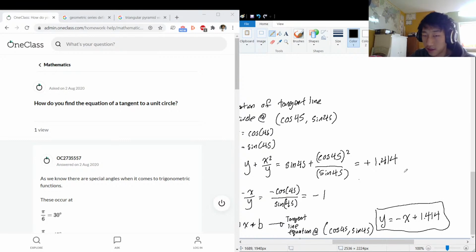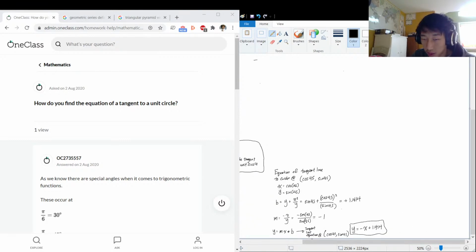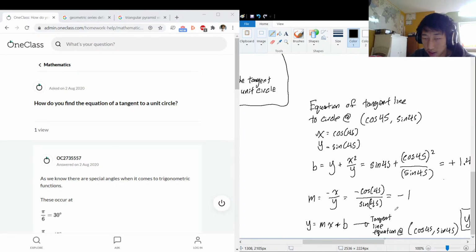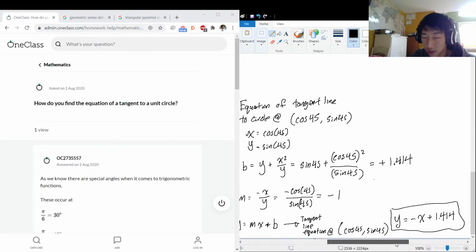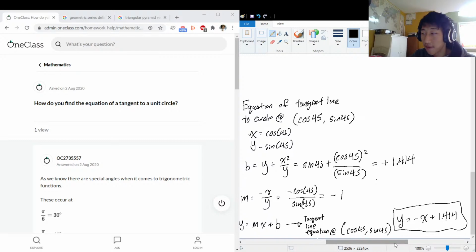So that'd be our final answer if we wanted to find the equation of the tangent line that intersects with the unit circle at an angle of 45 degrees, or the point that is 45 degrees away from the x-axis of the unit circle.